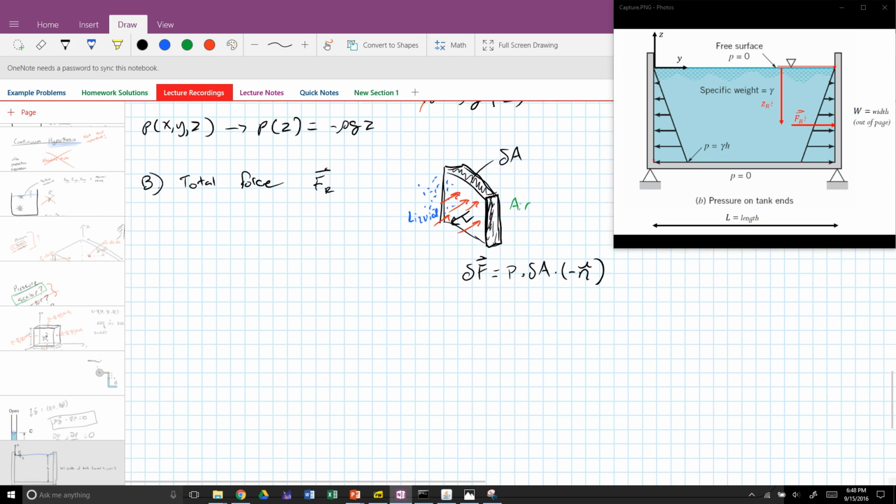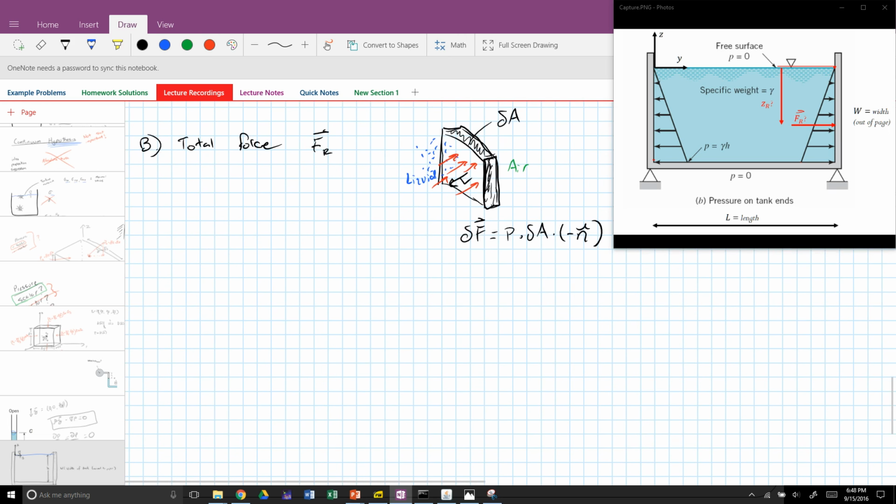All right, so let's go ahead and compute the total force acting on this. So the resultant force can be computed as the integral over the area of this elemental force, right? This differential force.